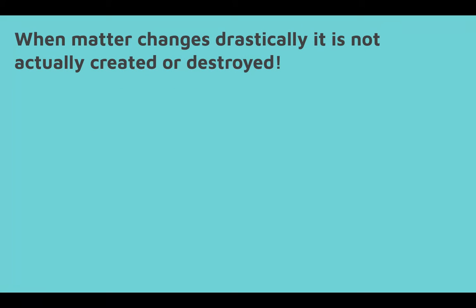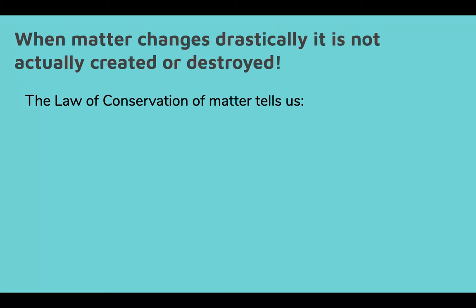When matter changes drastically like that, it's not actually created or destroyed. The law of conservation of matter tells us, actually, hold up, let's just say it really quick. Say law of conservation of matter. So conservation of matter, that's what we're talking about.